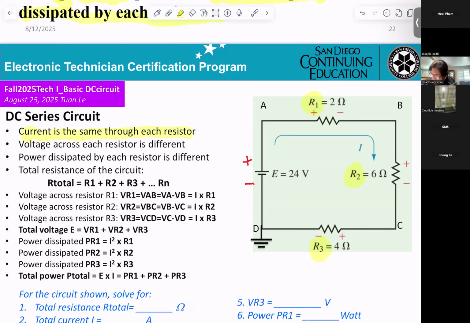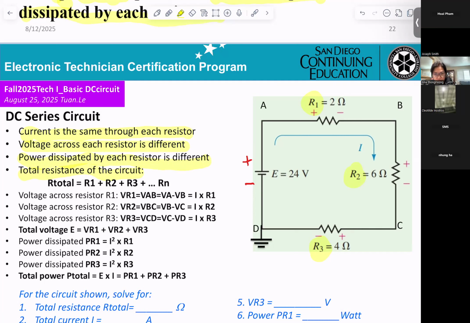Voltage across each resistor is different. Power dissipated by each resistor is different. Total resistance equals R1 plus R2 plus R3 plus any more resistors in series.